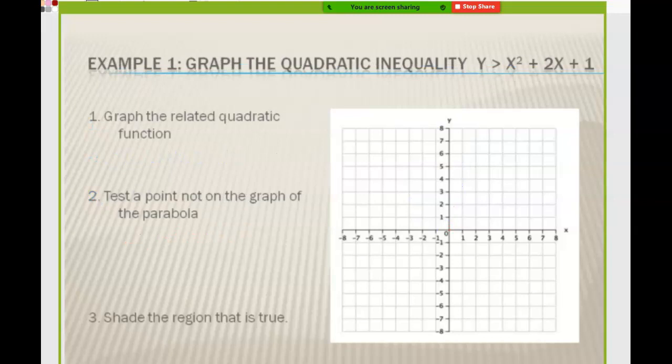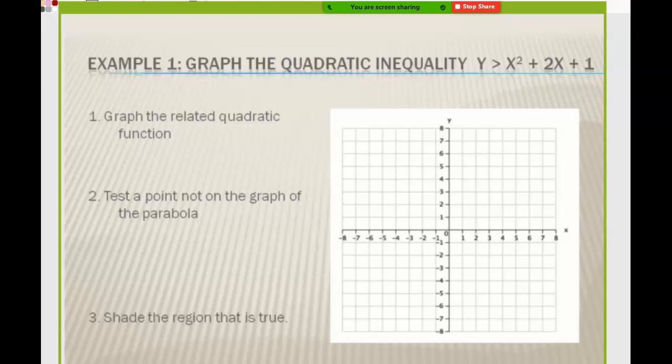So we're going to start by graphing that quadratic function and treating the inequality as if it were an equal sign. So you have a quadratic in standard form. It's y equals x squared plus 2x plus 1.